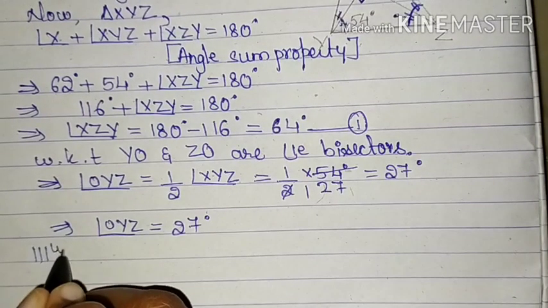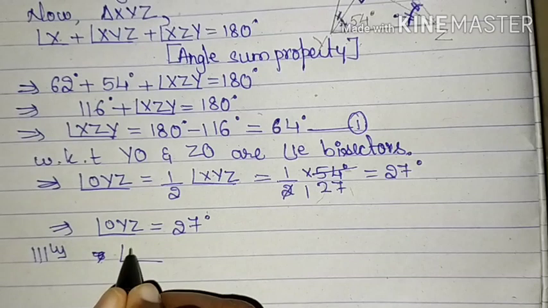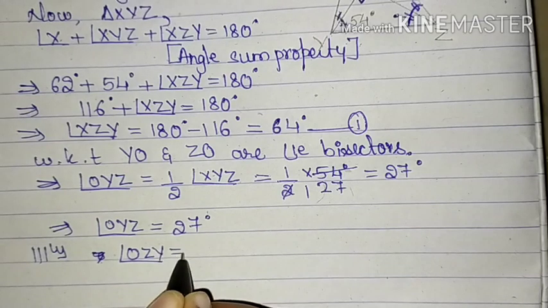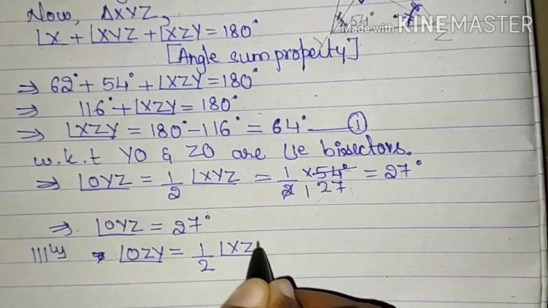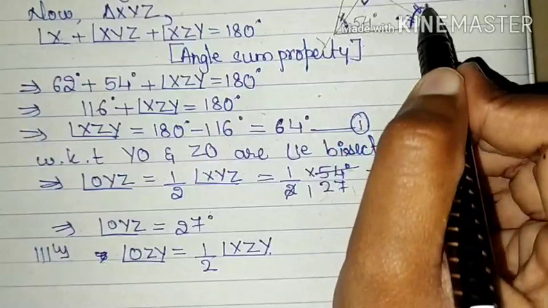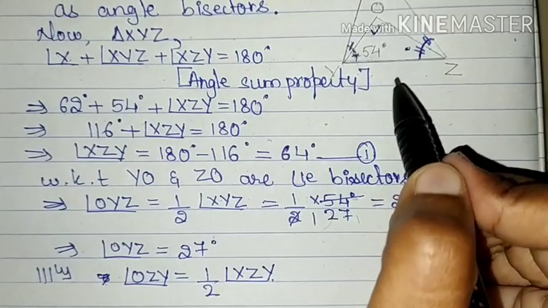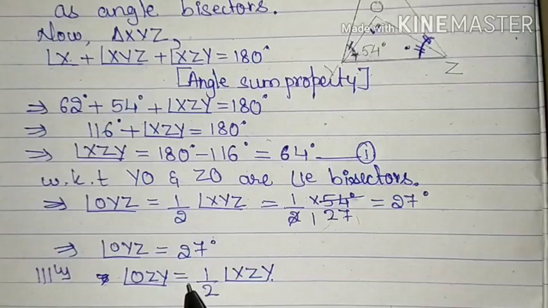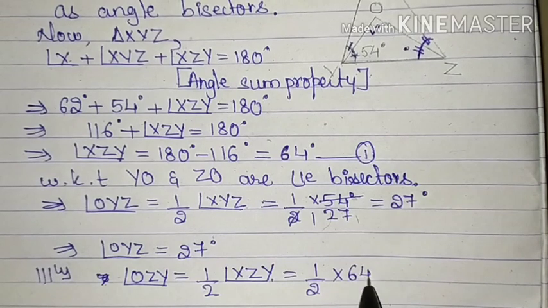Similarly, ZO as an angle bisector, we get angle OZY is equal to half of angle XZY, because ZO divides the angle XZY into two equal parts. So we can write it as angle OZY is equal to half of angle XZY, which is equal to half into 64 degrees.